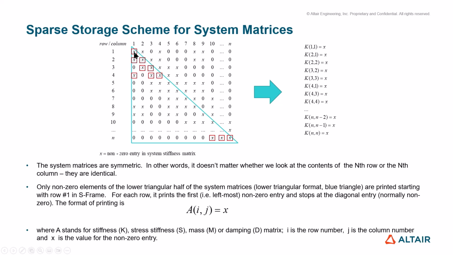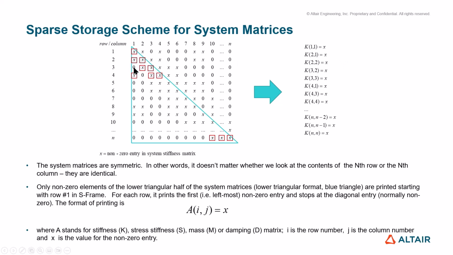The way that S-Frame stores this and makes it available in the trail file is starting from row number 1. If the first entry is non-zero, then it will write it in the trail file. Then we'll move to the second row, and it will again write all the entries that are non-zero all the way up to the diagonal.